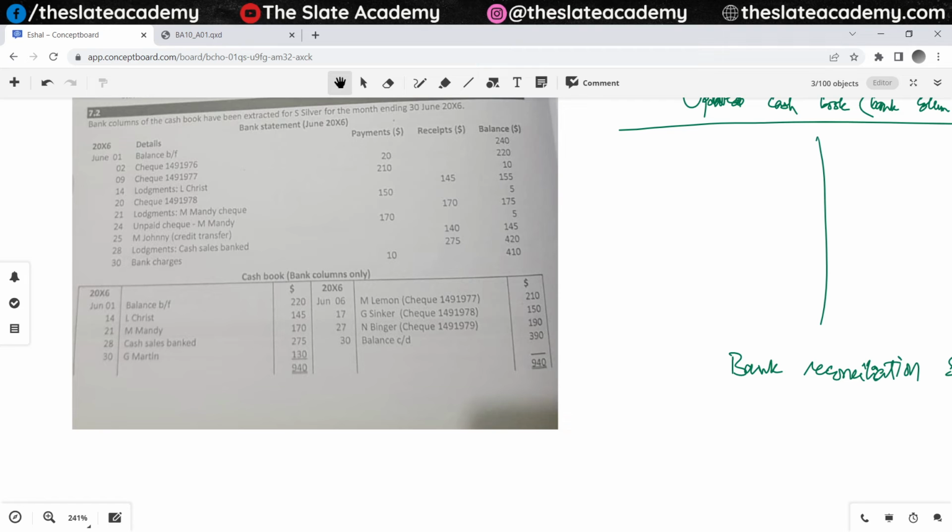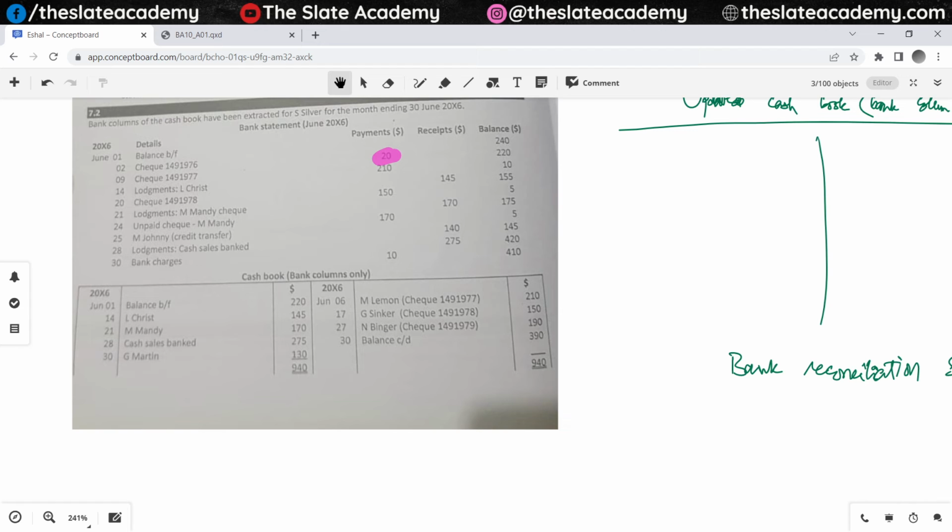So the balance brought forward for this cash book is 220. First of all, there is a difference in the opening balances. There is an opening difference, but after receiving a check, it becomes the same. So seemingly, this check was a reconciling item last month, but we'll see.